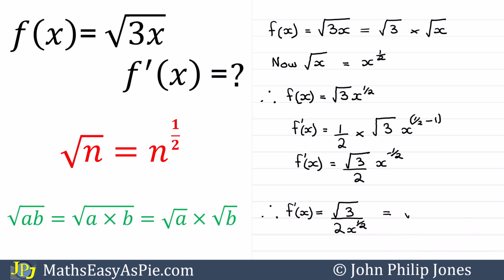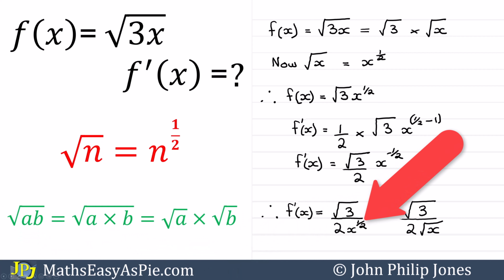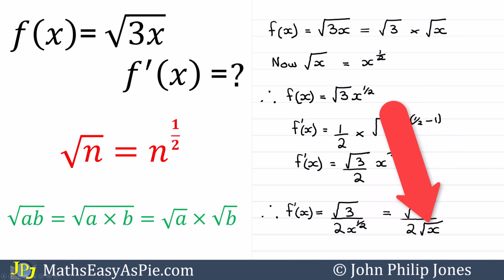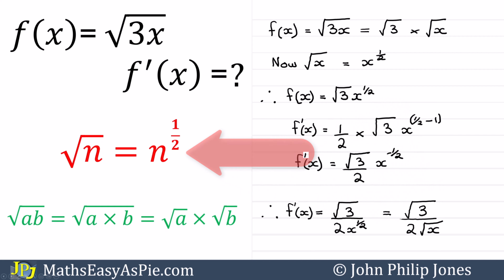We can further write this as the square root of 3 over 2 times the square root of x. Of course, you can see that I've replaced this x to the 1/2 by the square root of x, and that is allowed because of what I introduced at the beginning of the video, which is this here.